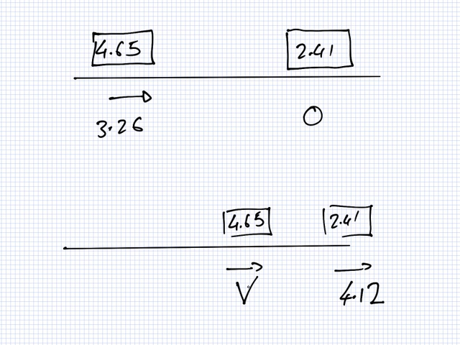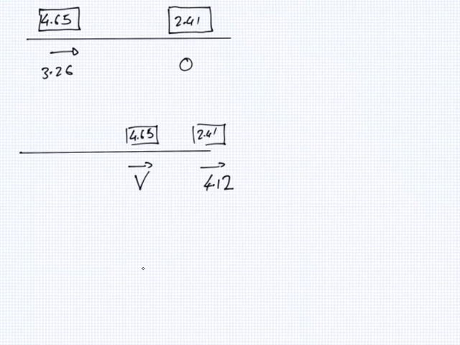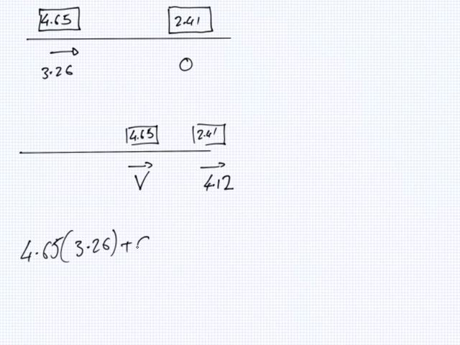Look at my picture, do you think the v will be bigger, smaller, or equal to this? Very good, it should be smaller. Right, so let's check. We have M1 U1 plus M2 U2 equals M1 V1 plus M2 V2.